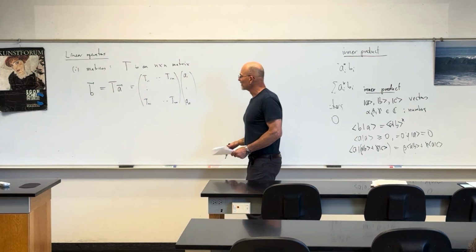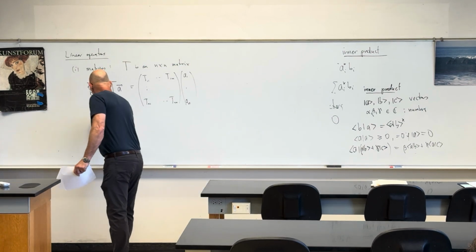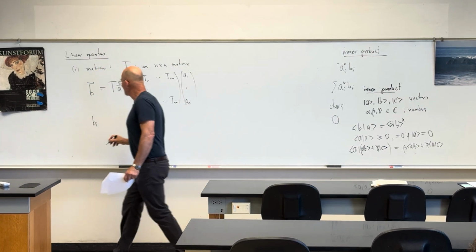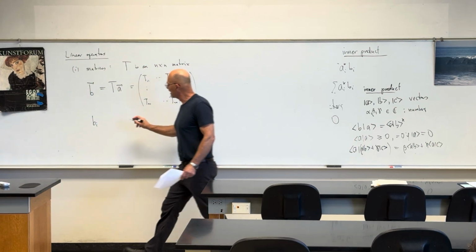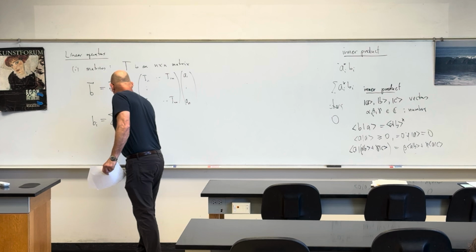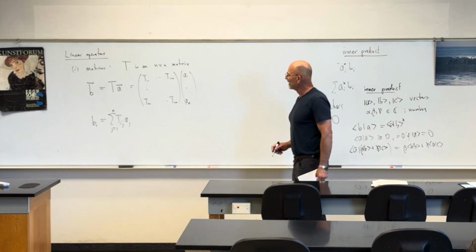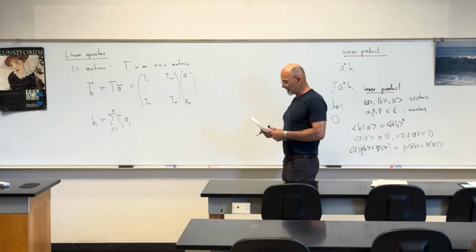And that's just a matrix multiplication. The ith component of the left side is row times column, so it would be the sum of T_ij A_j, j equals 1 to n. So when we have matrices, those are linear operators.